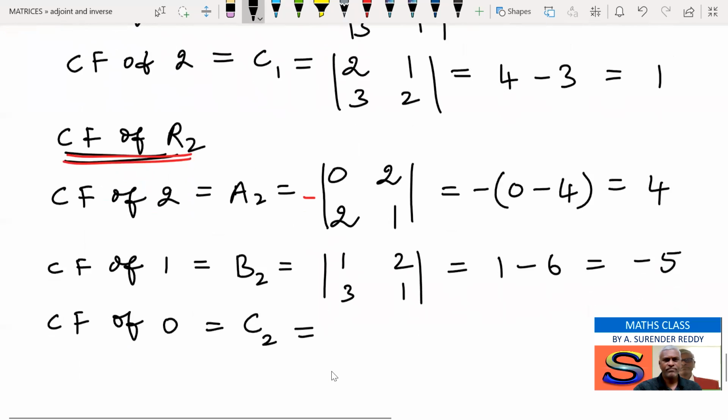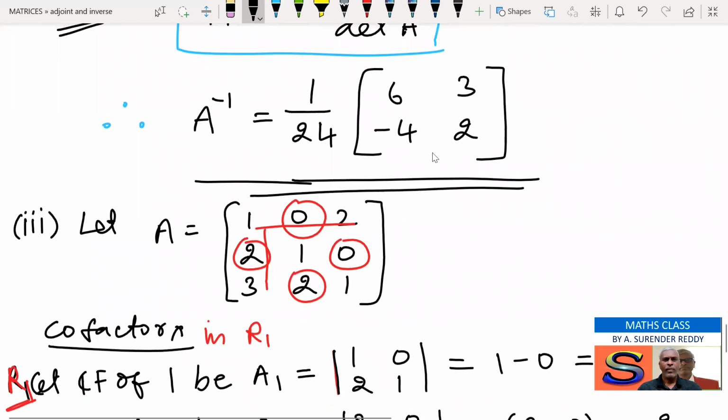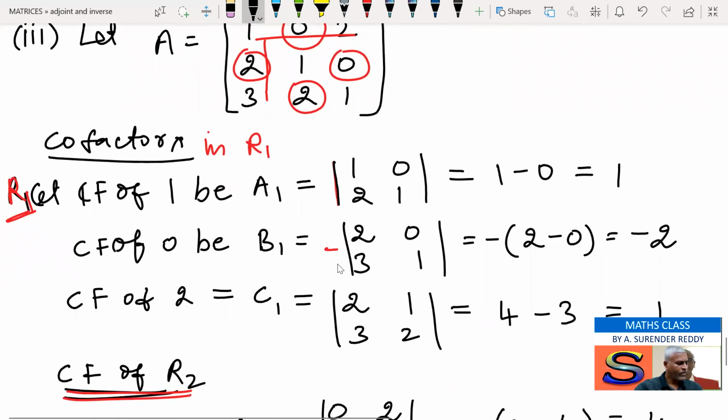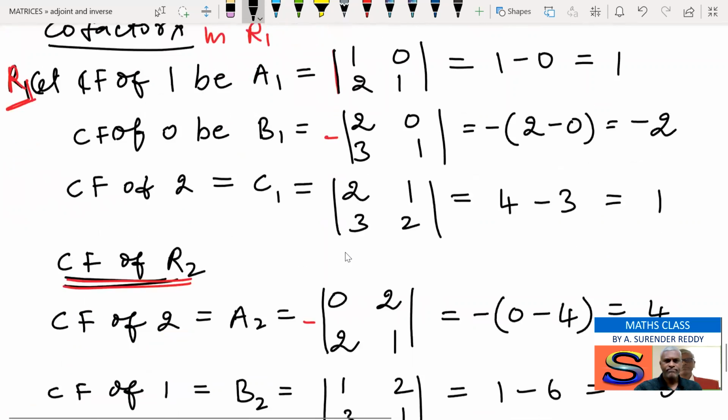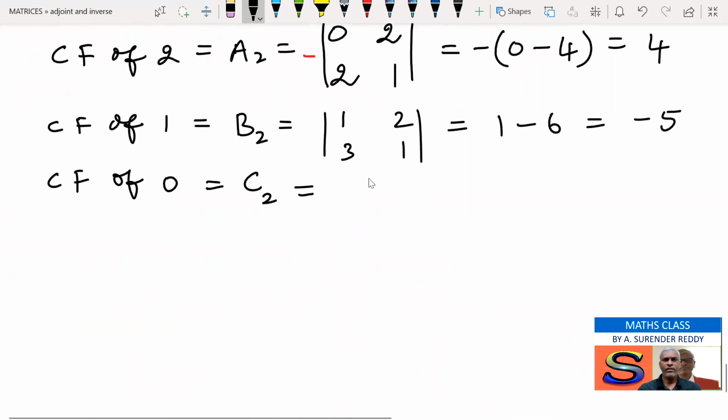Eliminating the row and column in which the 0 lies, the remaining 4 numbers are 1 0, 3 2, and for this we get a minus sign.